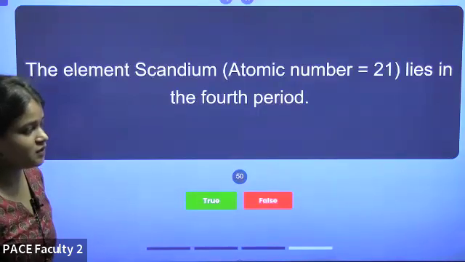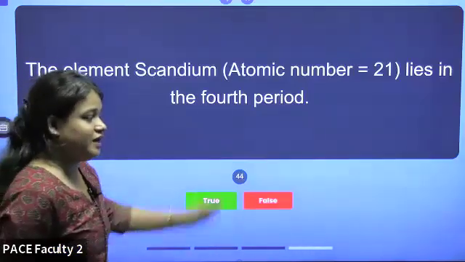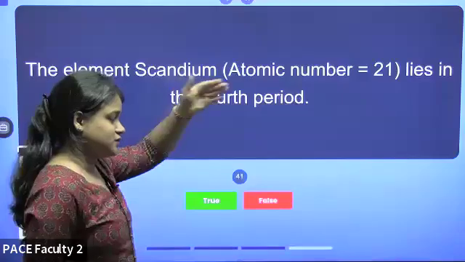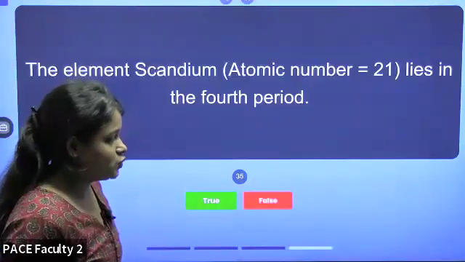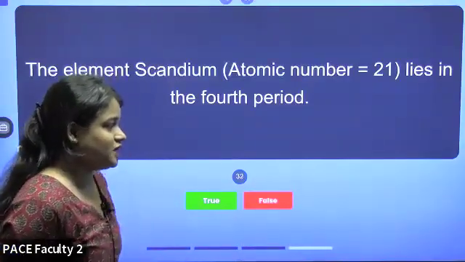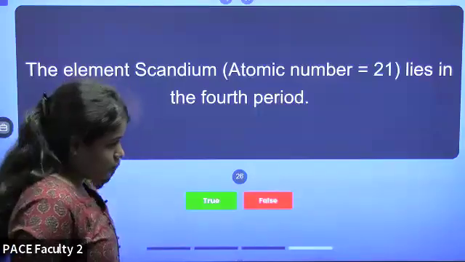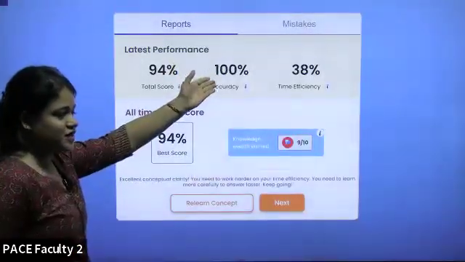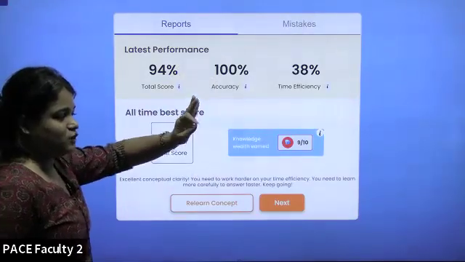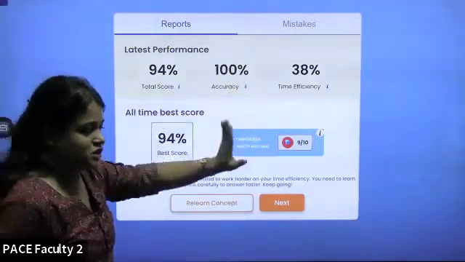False. Write the configuration of scandium, atomic number 21, and see. What will be the group and the period number of scandium? True, very good. Absolutely correct. Accuracy 100%. It is a D block element. A good big round of applause for the kids who participated. 100% accuracy, correct answers from everyone.